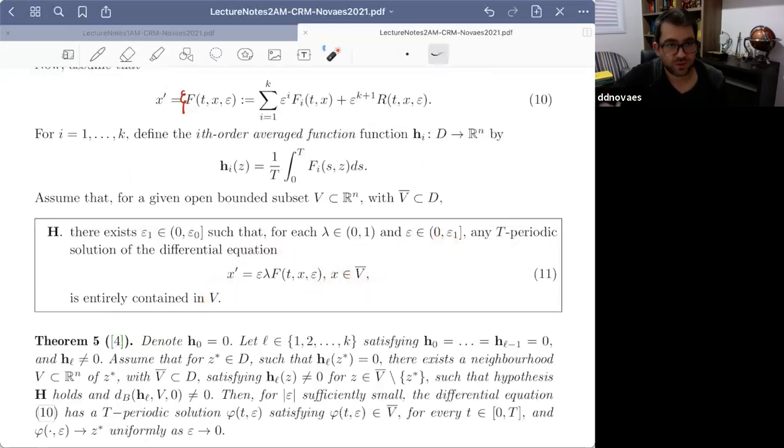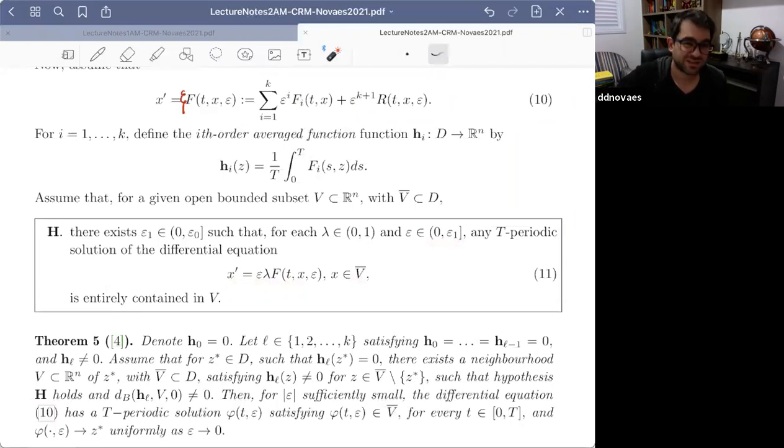Okay, so for each epsilon and for each lambda here, any periodic solution of this difference equation which is contained in the closure of V must be contained in the interior of V. V is an open set. What this hypothesis means is that we cannot have periodic solutions in V that touch the boundary of V for every lambda and epsilon.